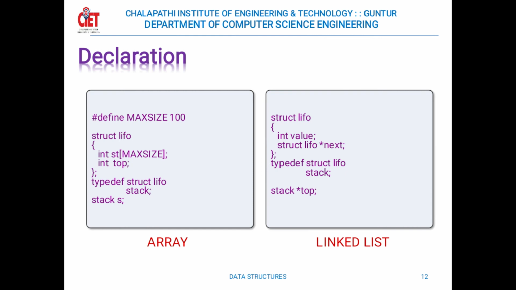So in array implementation, the stack is represented using a structure named LIFO. It contains two elements. One is the stack, and second one is pointer top, stack top. In the linked list also same. It is represented as a node. Each node has a value and a pointer to the next node.